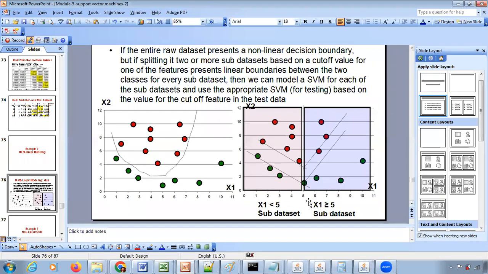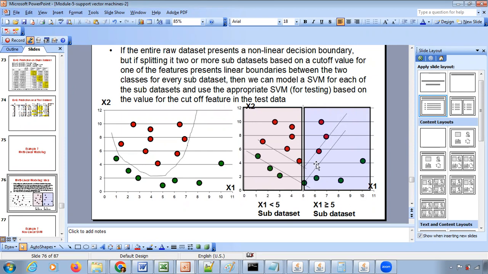and x1 greater than or equal to 5 as the other cutoff. That means all the data points with x1 less than 5 will belong to this group, and x1 greater than or equal to 5 will belong to this group. For each of these sub data sets, we can find a linear decision boundary that separates the 2 classes.